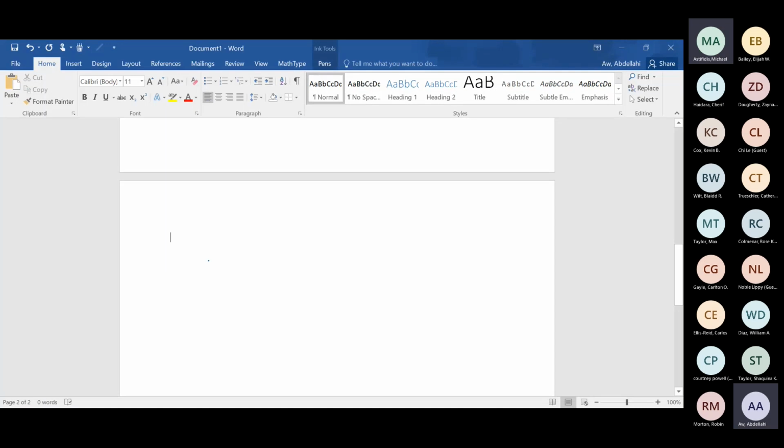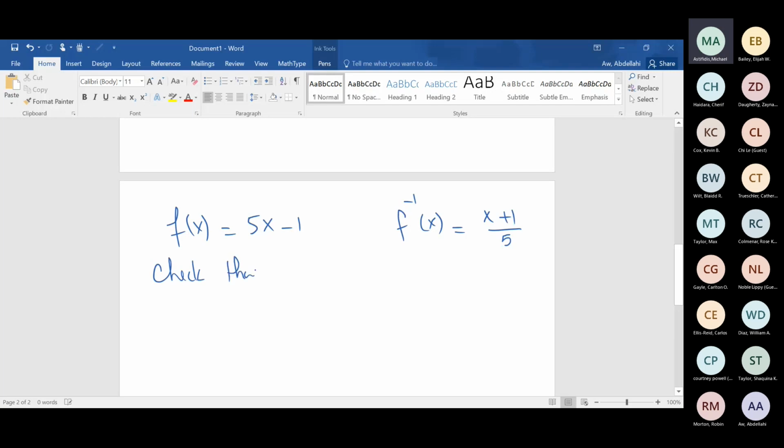For instance, we say f of x equals 5x minus 1, and g of x, f minus 1 of x, is equal to x plus 1 over 5. Check that f minus 1 is correct.